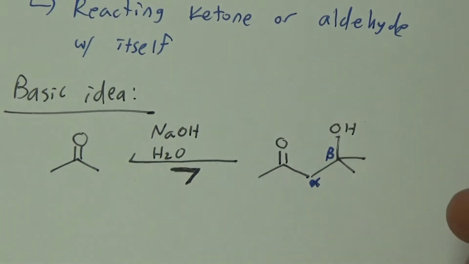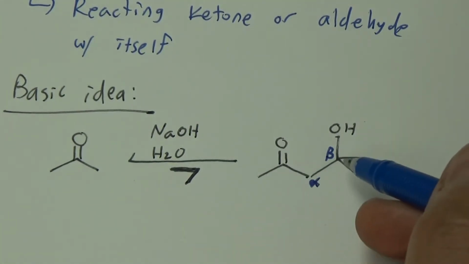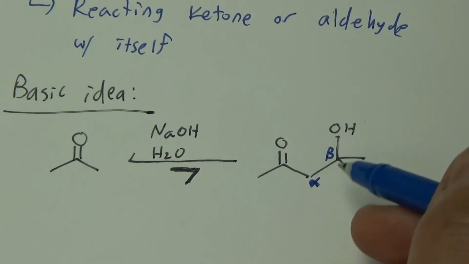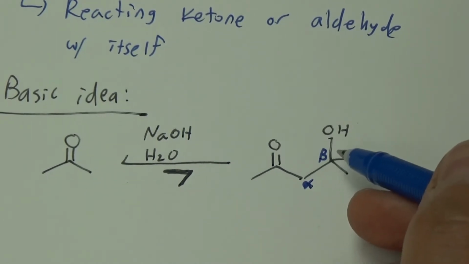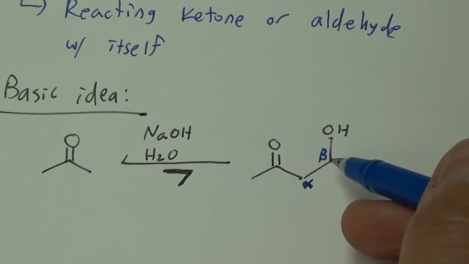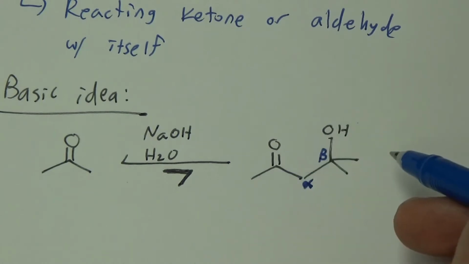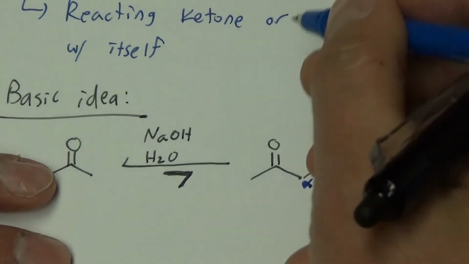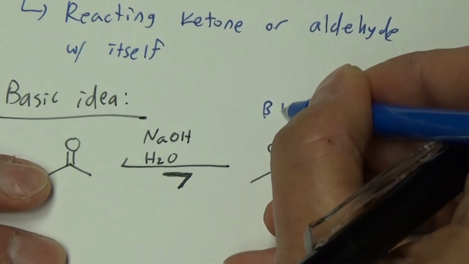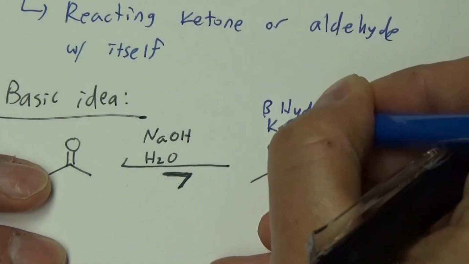Okay. So this thing is a ketone with, what is that thing at the beta position? It's an alcohol, right? That's an alcohol at the beta position. We also call alcohols hydroxy groups, so that's a hydroxy that's beta to the ketone. And so we give this thing a name. It's called a beta hydroxy ketone.